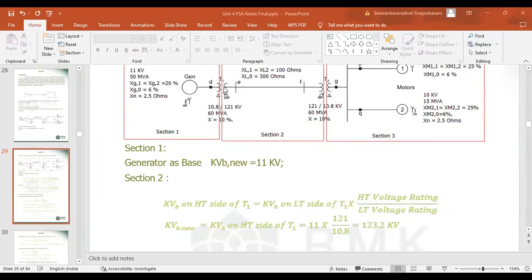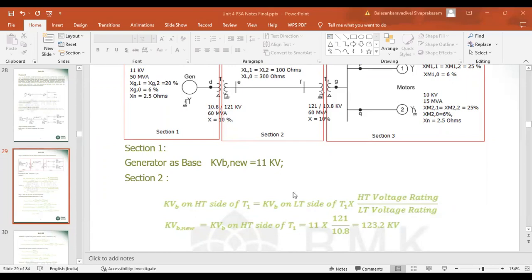What is the kVB of the LT side of the transformer? It is nothing but 11 kV. You should not consider this 10.8 kV, because this 10.8 kV is the old value. For this section, we have calculated the new kVB, which is 11 kV.